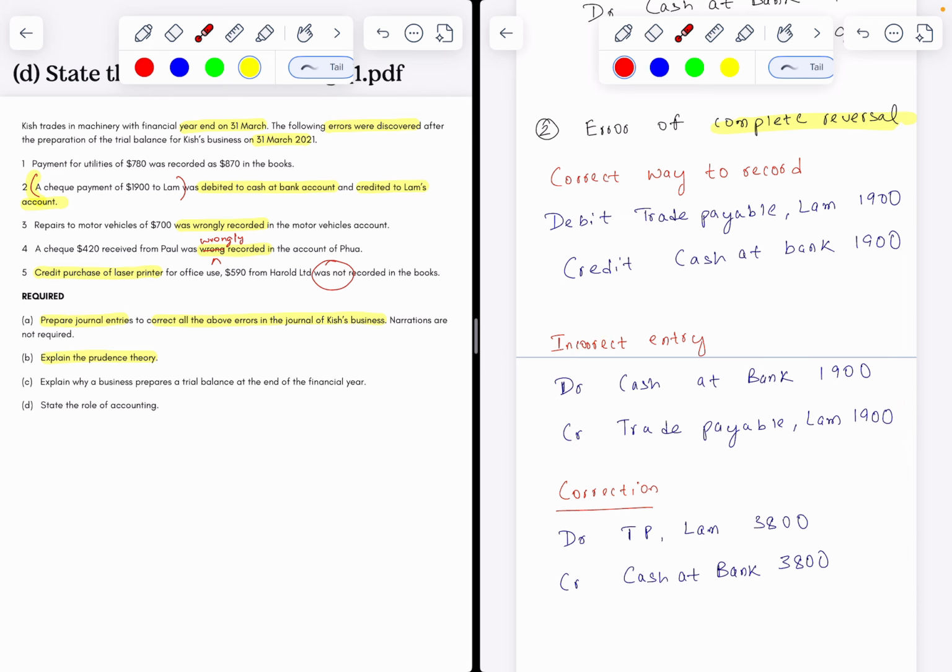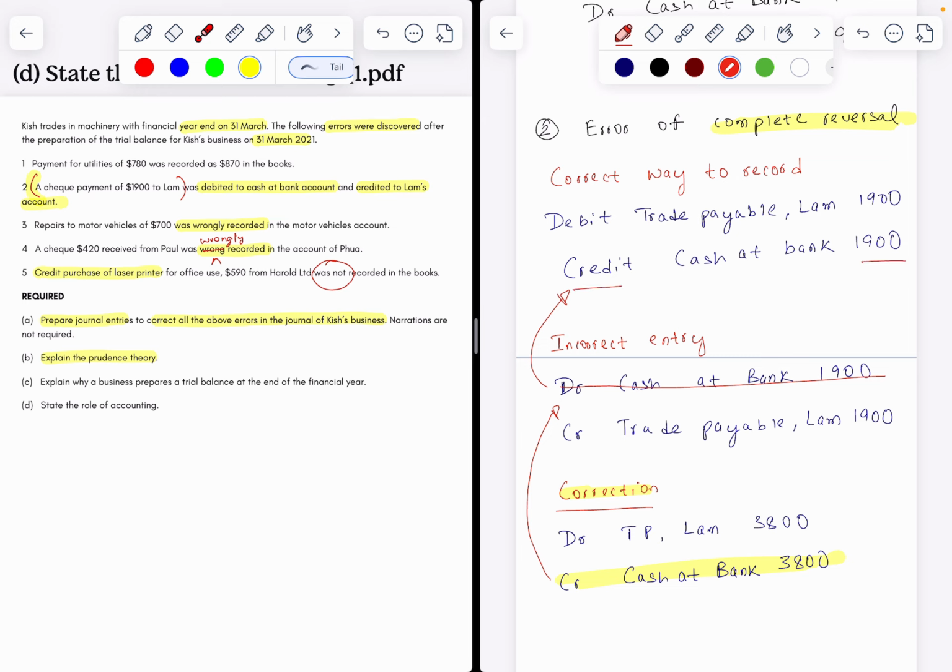If we credit the cash at bank account as part of a correction by $3,800, what is first going to happen is that the incorrect debit entry of 1900, which we had made before in the cash at bank account, would be first offset entirely, and then it would leave us with a final balance of credit 1900.